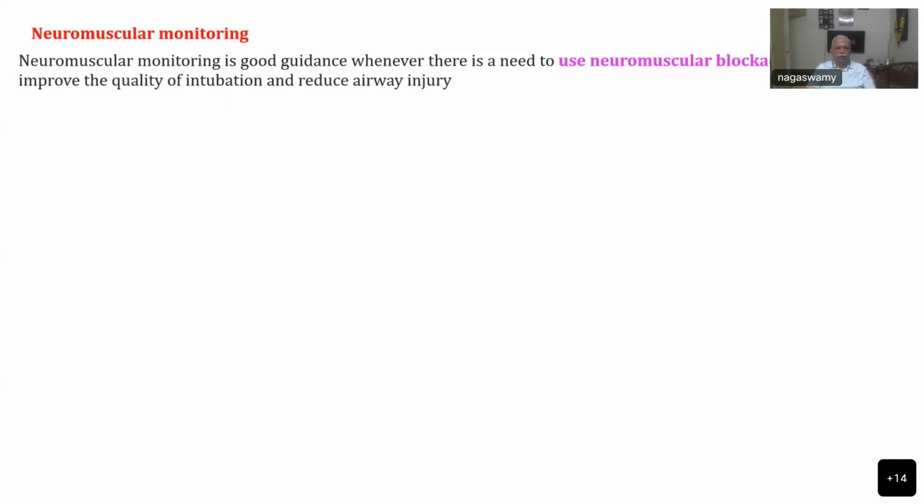Now coming to the monitoring, neuromuscular monitoring is a good guide whenever there is a need to use neuromuscular blocking agents, so that you know whether you have given adequate blockade, especially for the relaxation required for intubation.